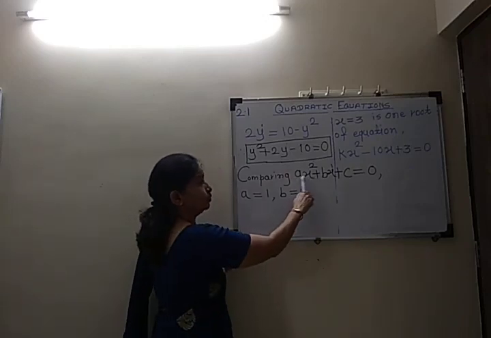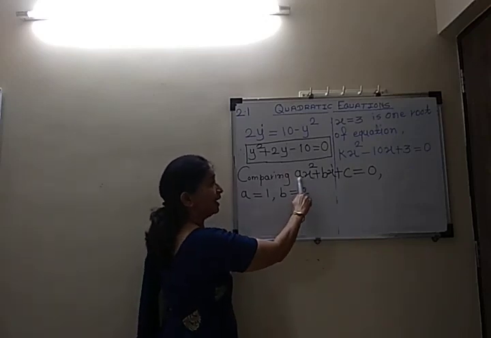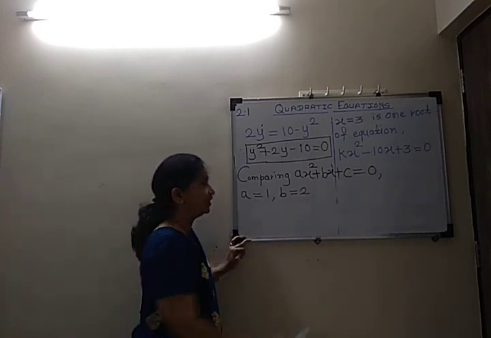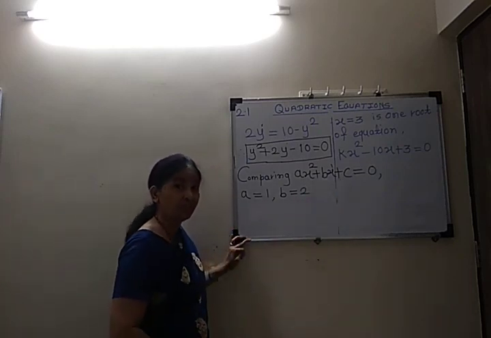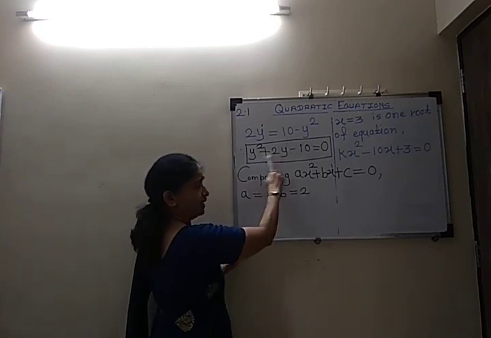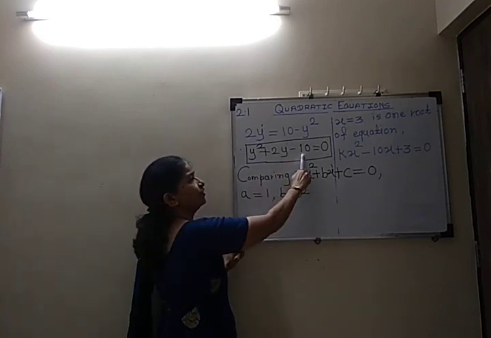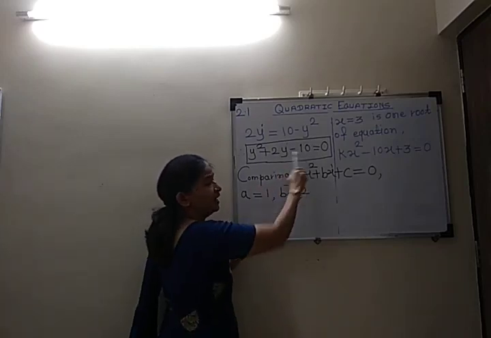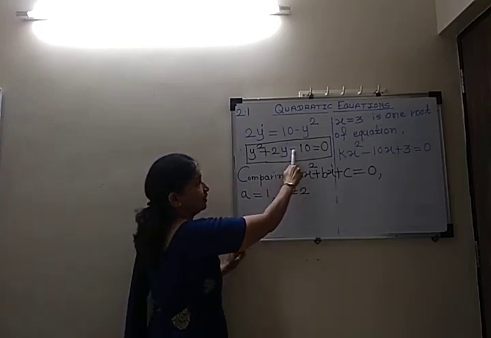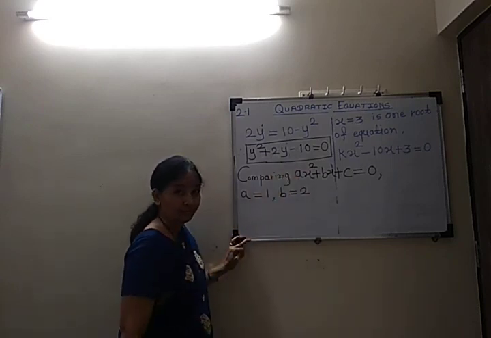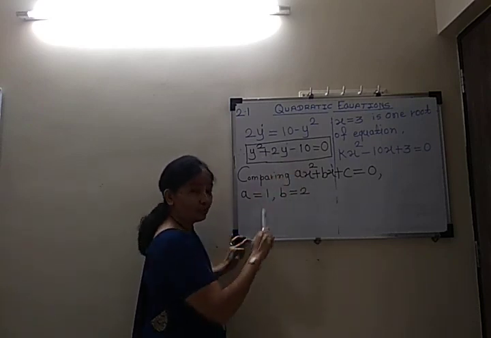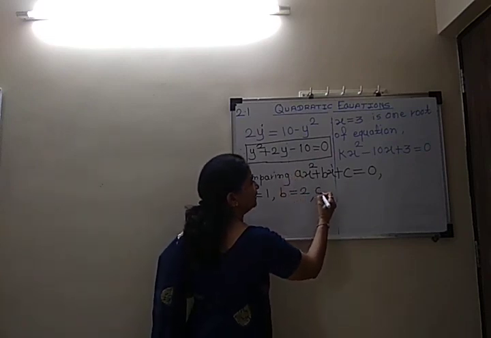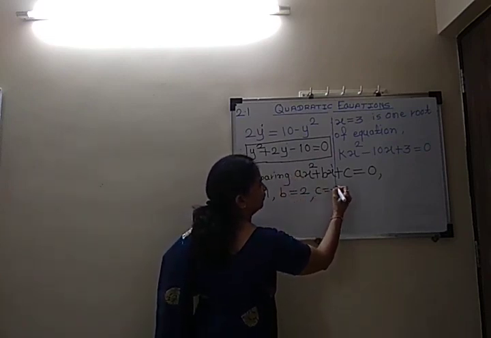They ask us to find out the value of a, b and c. C is the constant term. So find out now which is the constant term. May I say this 10? Not only 10, let's see the sign, minus sign. So, that value of c will come as minus 10.